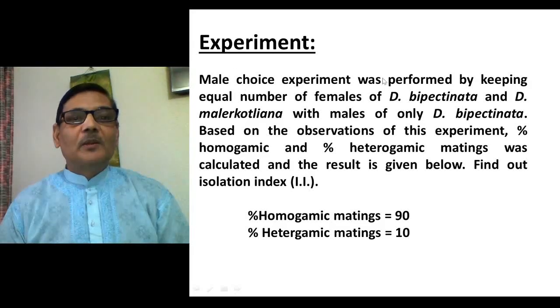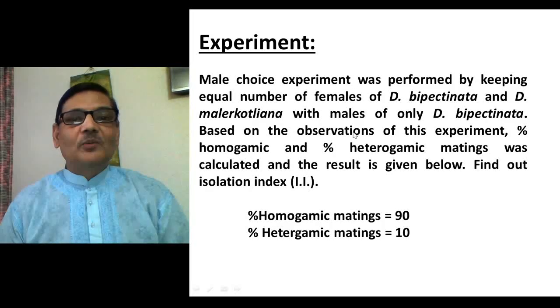Male choice experiment was performed by keeping equal number of females of Drosophila bipectinata and Drosophila malerkotliana with males of only Drosophila bipectinata. So definitely it is a male choice experiment, because here male of one species is being put with females of two different species.